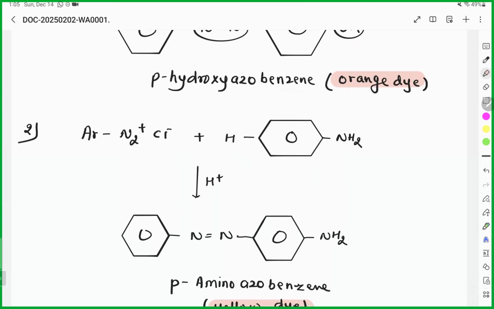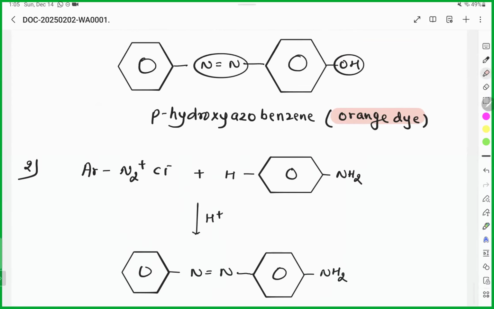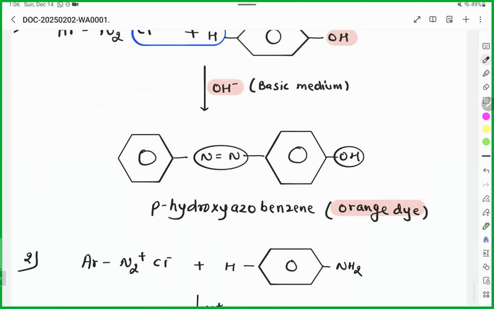And here, because two benzene rings are present along with this, it is known as an extended conjugated system. Why? Because the conjugation is continuous.